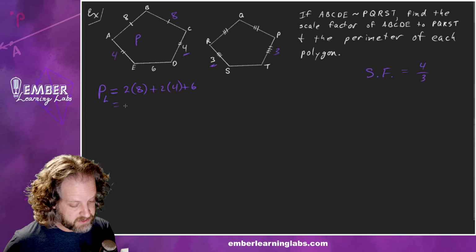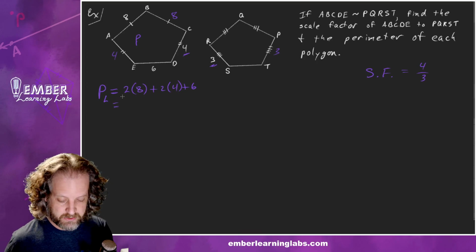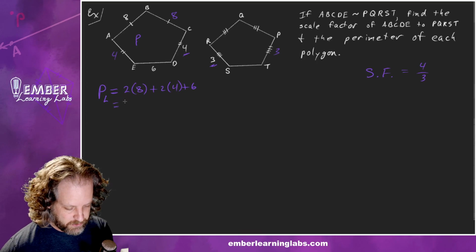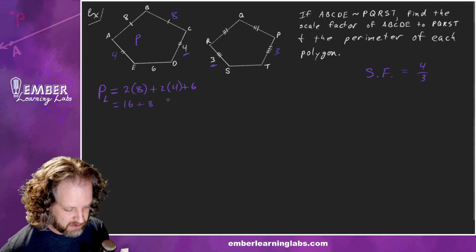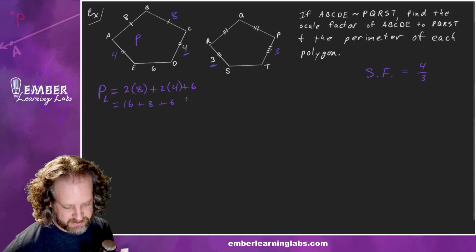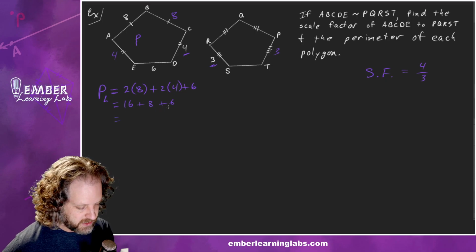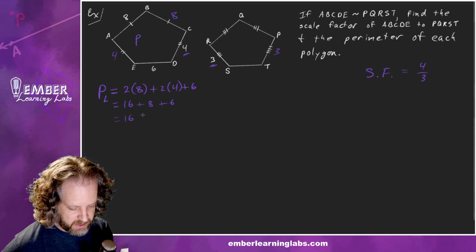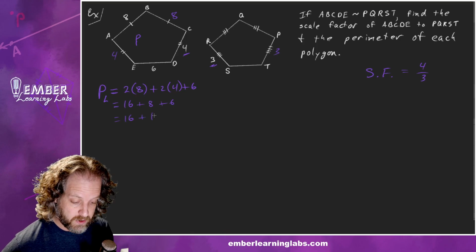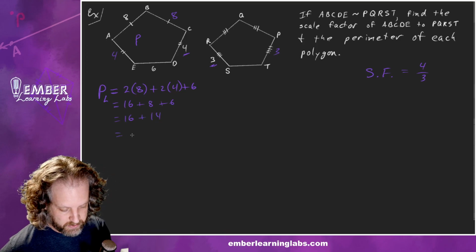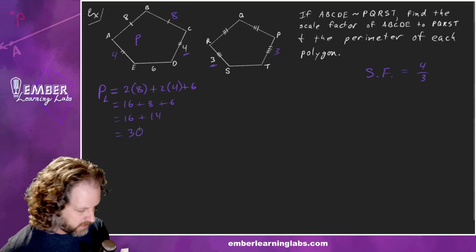I'm going to walk this down. That way, if I make mistakes, you can laugh at me. It'll be fine. 2 times 8 is 16. 2 times 4 is 8 plus 6. I'm going to do 8 plus 6. So 16 plus 14, which tells us that the perimeter over here is 30.